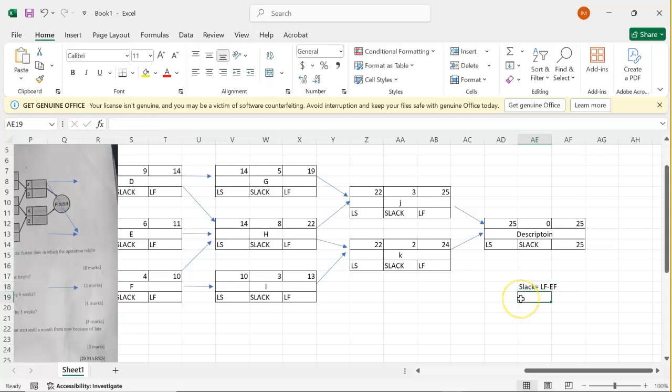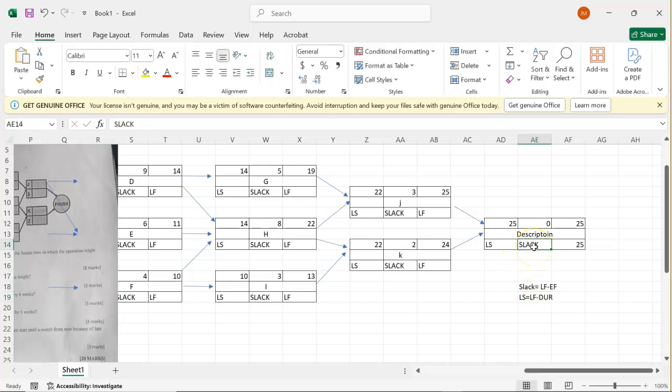Then for you to get the latest start there, the latest start will be equal to latest finish minus duration. So remember this all the time.